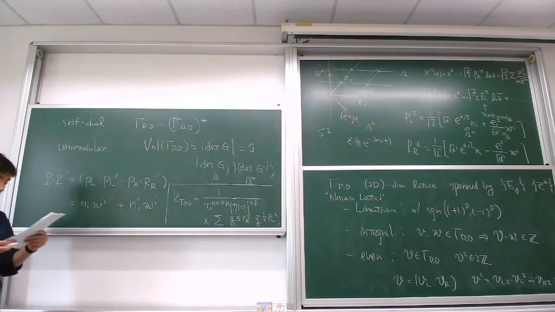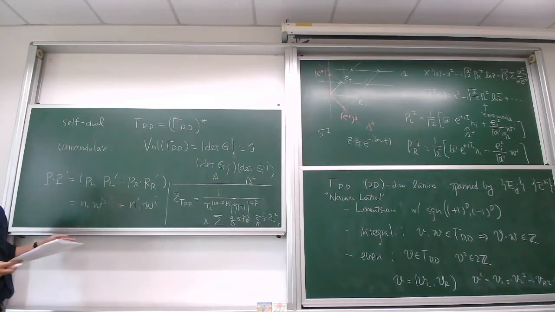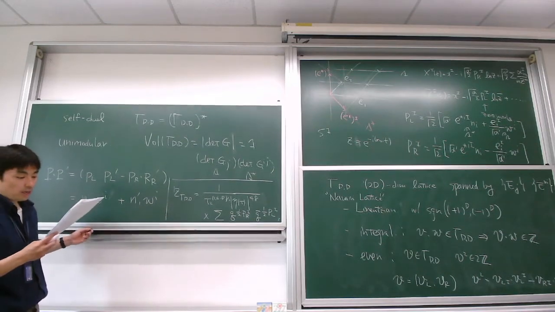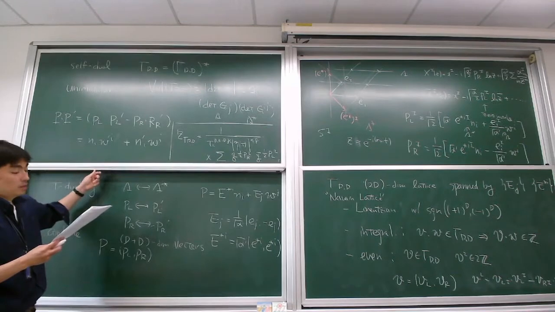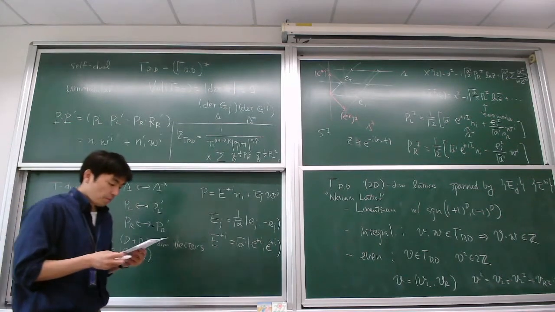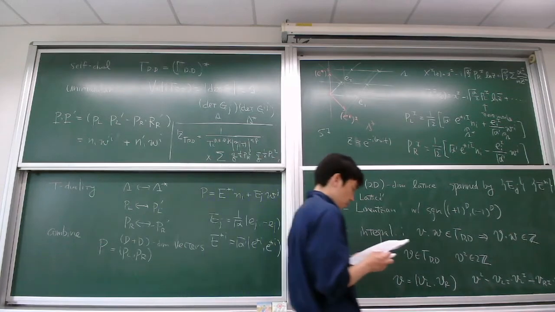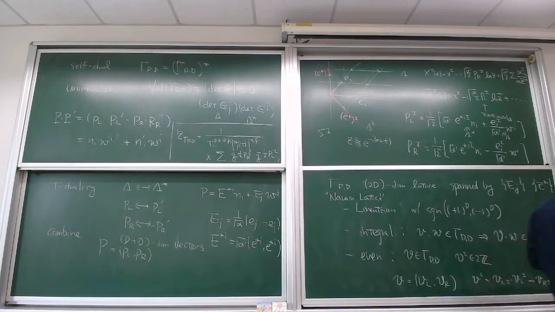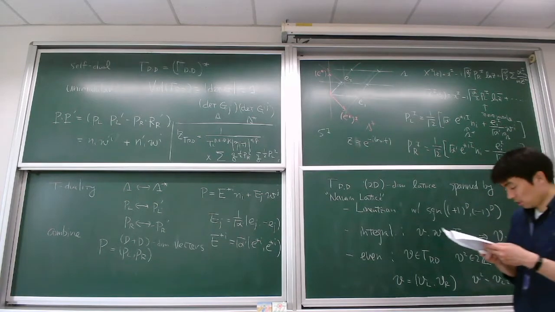Okay. And of course, p_L and p_R take the values of the Narain lattice.